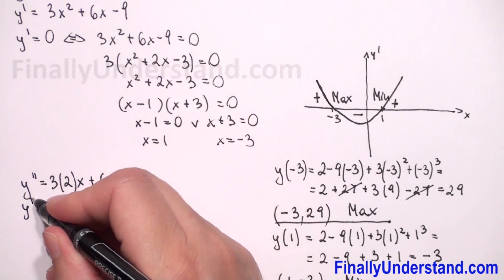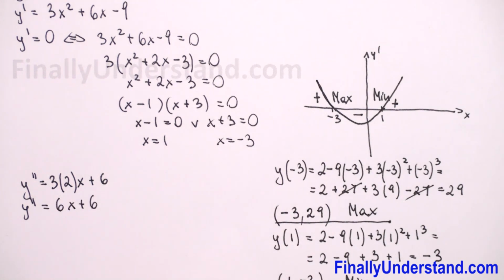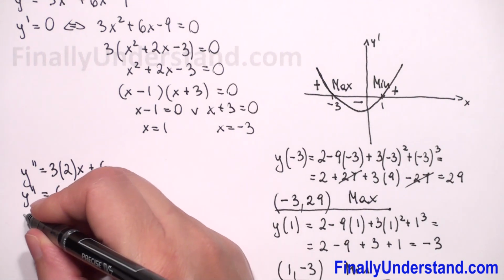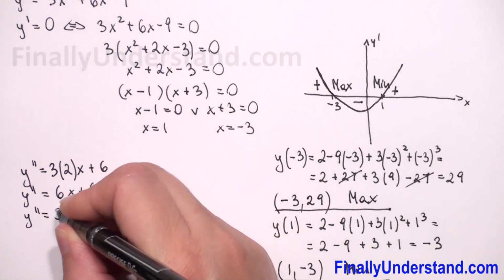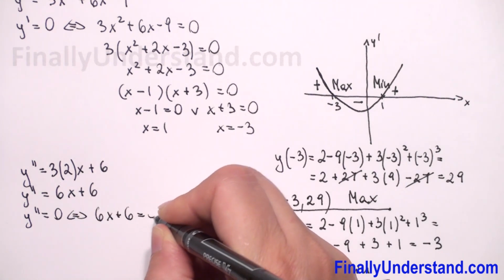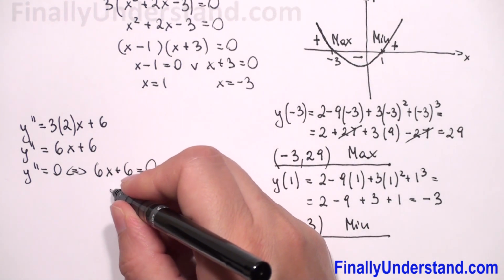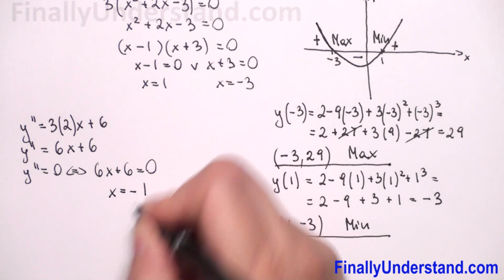So y double prime is equal to 6x plus 6. Now we have to set our second derivative to 0. So y double prime equals 0 if and only if 6x plus 6 is equal to 0. We solve this linear equation and have x equals negative 1.